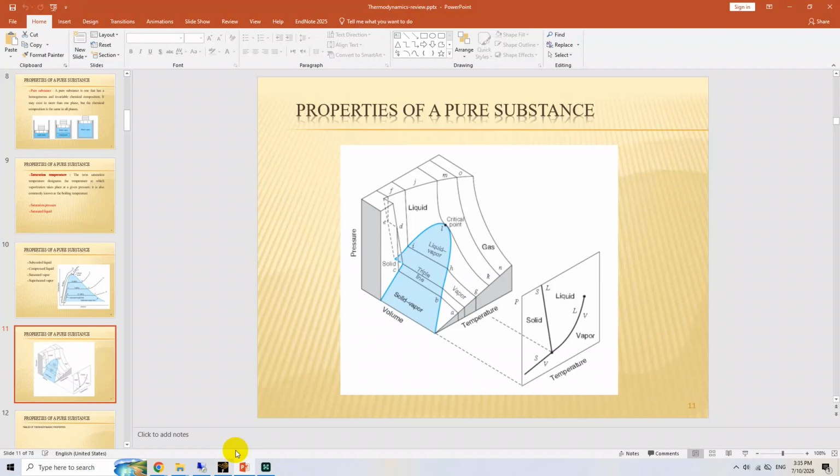We have the triple point definition. You are familiar with that. The triple point is a point at which all the phases, solid, liquid and vapor, exist at the same point. We also have a critical point. The critical point is an inflection point of the pressure versus volume diagram.